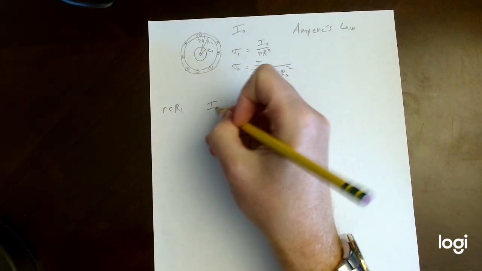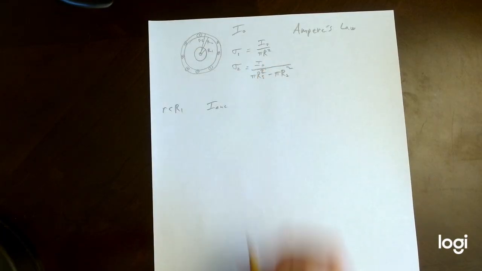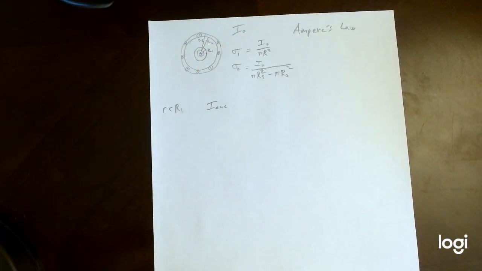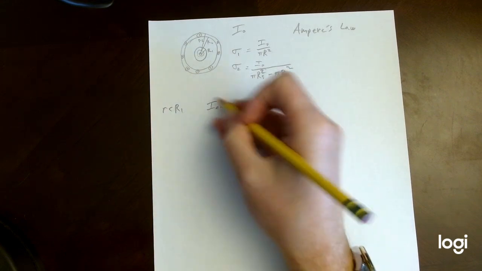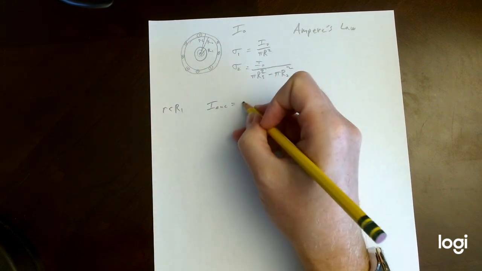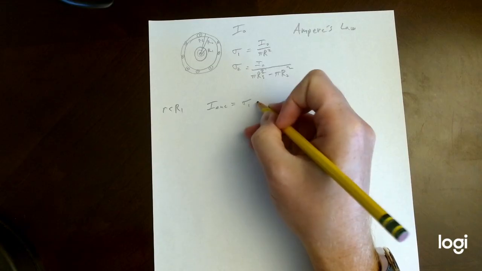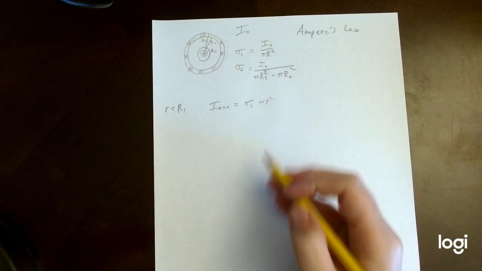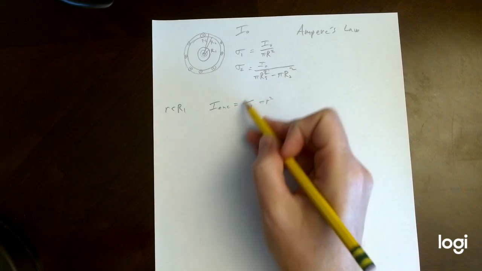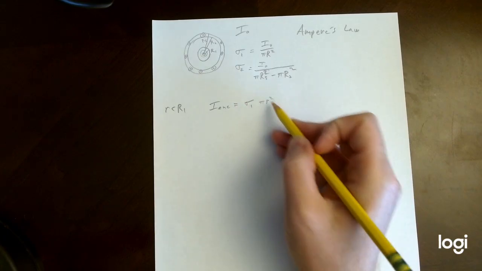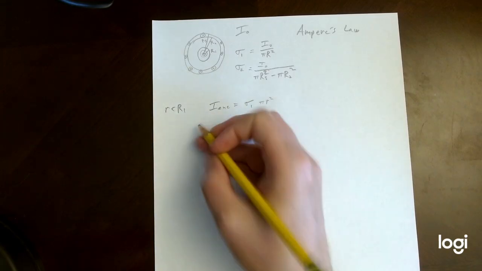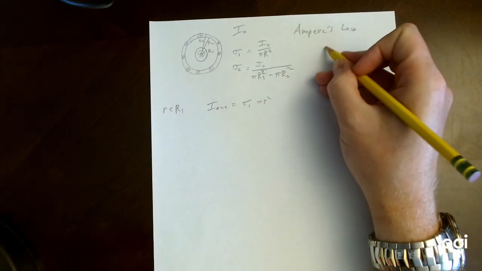And if we are inside of it, if I make some little circle here of some radius little r, the amount of current that's enclosed is just going to be sigma 1 times however much circular area I'm taking up. So this is the current density times the area to give me some amount of current. And so then I can use Ampere's law. Again, let me write it out.